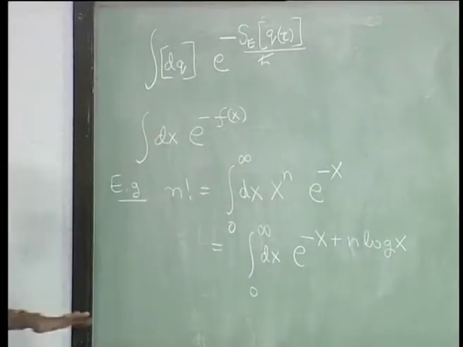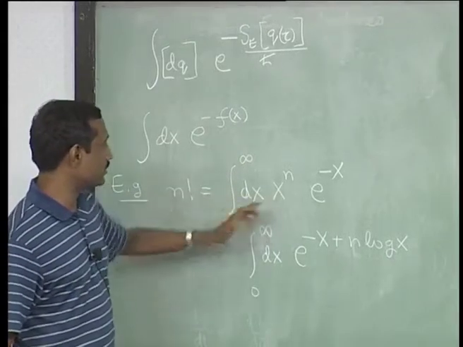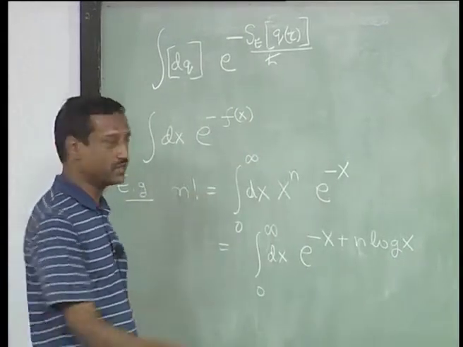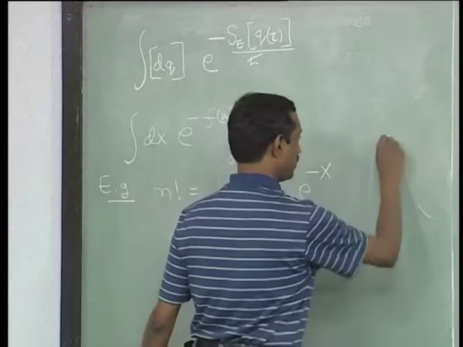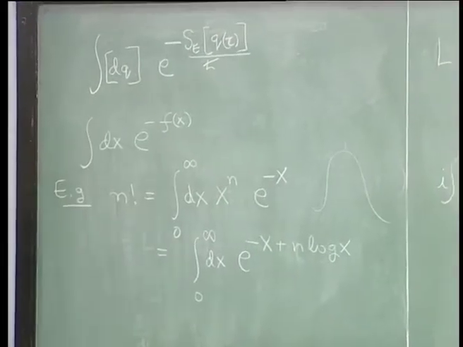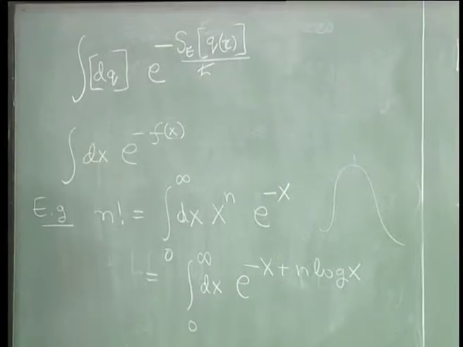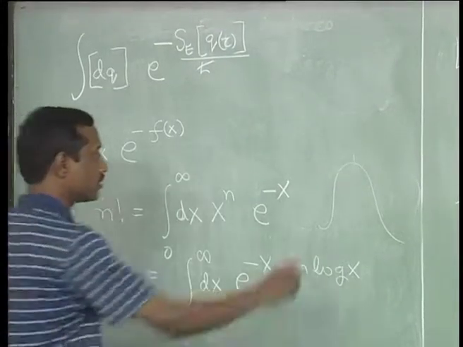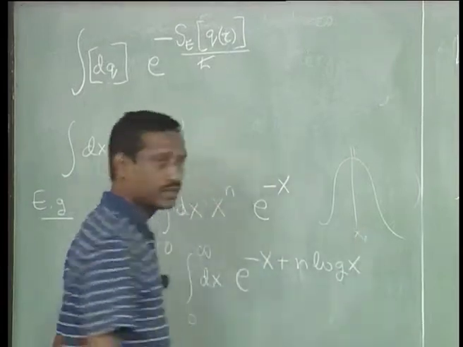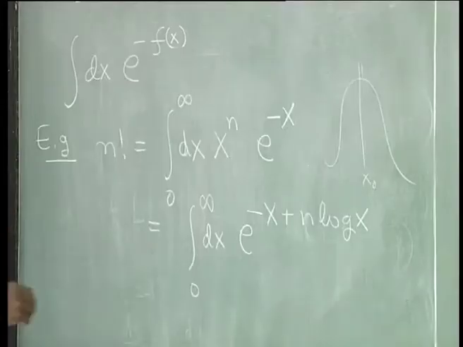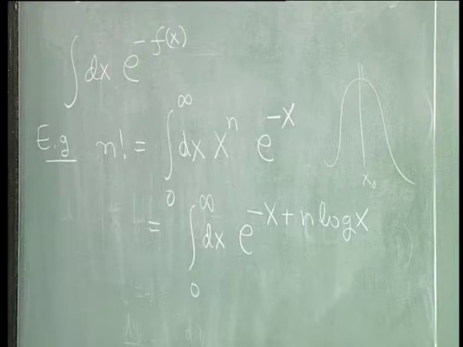This is a nice integral in the sense that this is an increasing function and this is a decreasing function. So if you plot this thing, it has only one maximum. Let us call this maximum x naught, and you want to evaluate it for large n.